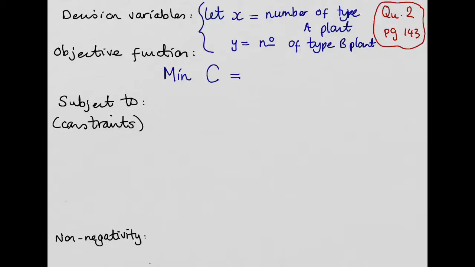So type A costs £6 and type B costs £10. So if x and y represent the number of type A and B plants at a cost of £6 and £10, that would give me my overall cost.